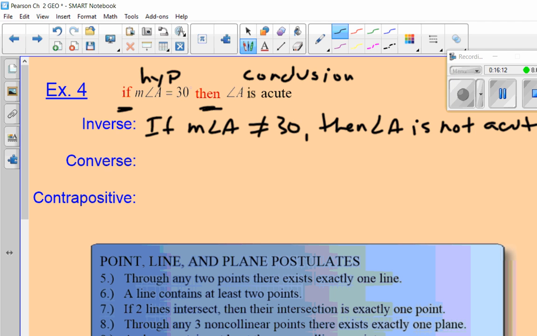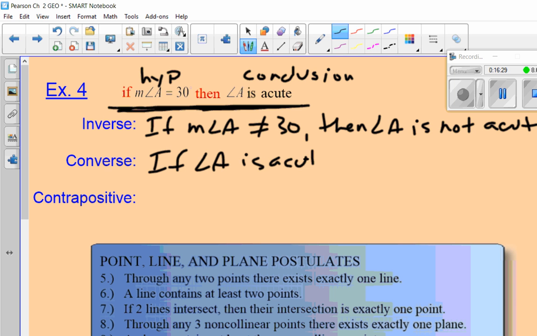Converse, I'm going to take my hypothesis and my conclusion. I always go back to my conditional statement, and I go from there. So the converse is going to be, I'm going to flip these two pieces. If angle A is acute, then the measure of angle A is 30 degrees.